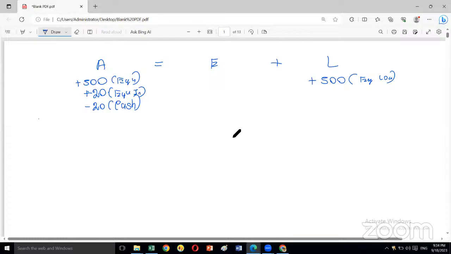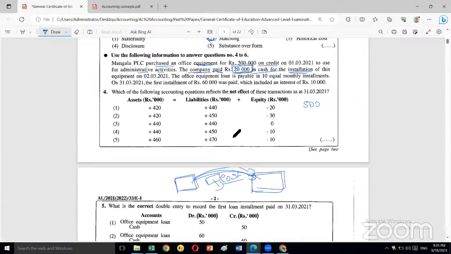Asset. After installing the machine only, Puta, I can use it. Then I should consider that 20,000 as a cost of the asset. So 20,000 worth of equipment asset increasing and 20,000 worth of cash asset decreasing. Okay, third one.